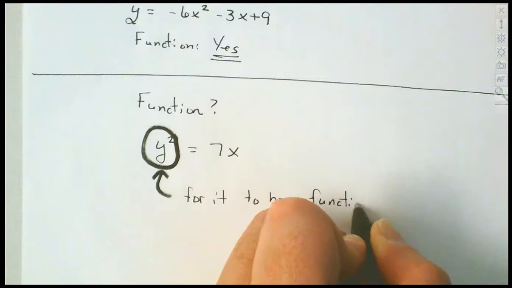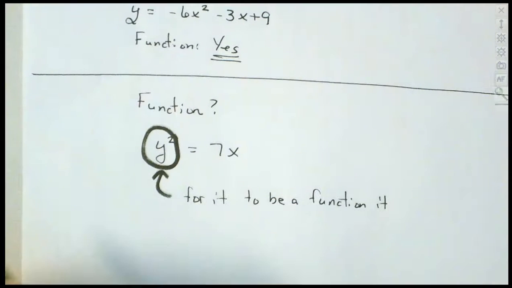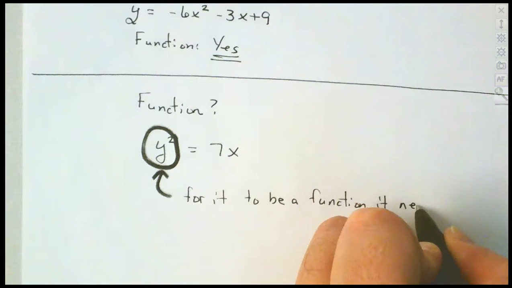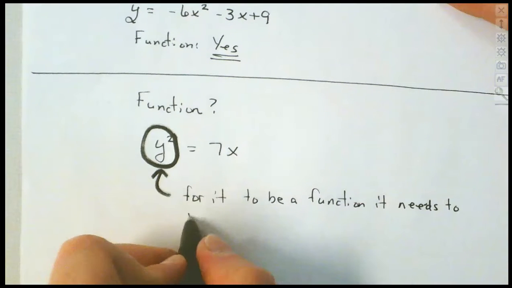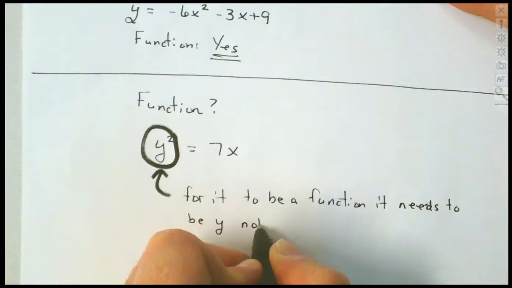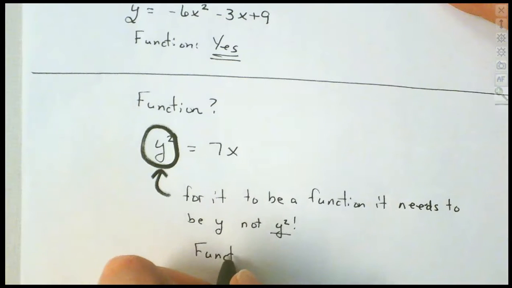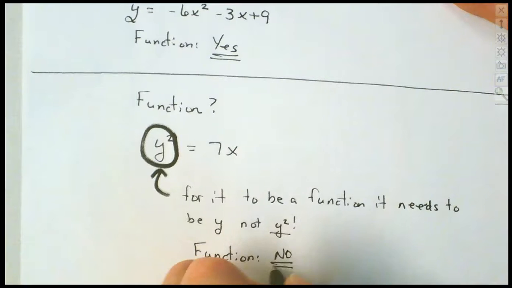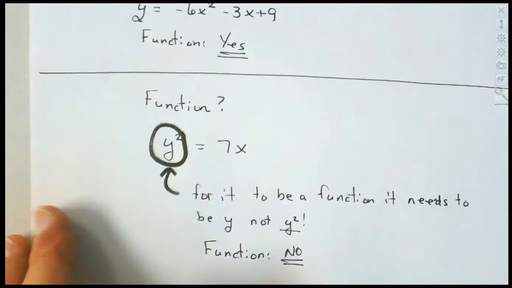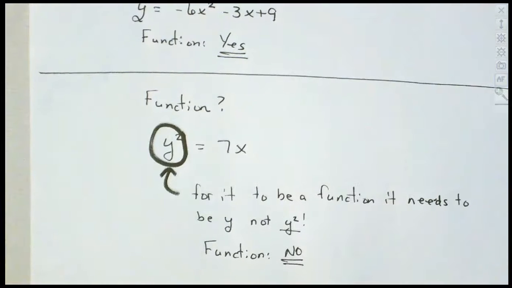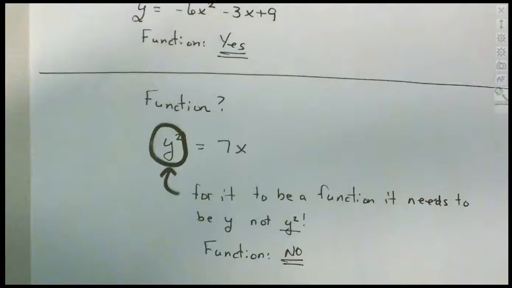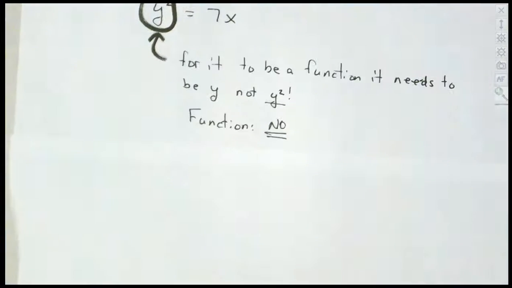So this is not a function. Okay, it's clearly not a function. Why not? Because of the squared. So for something to be a function, it has to be able to be solved for y. So no y squared, no y cubed, no square roots, none of that. It has to be y equals. It doesn't matter what the x is, it has to be y equals.